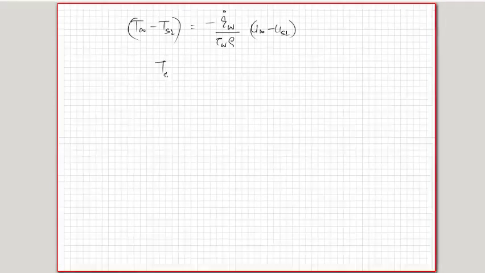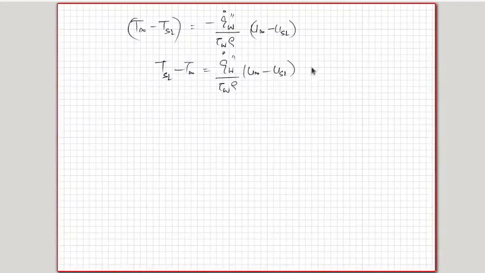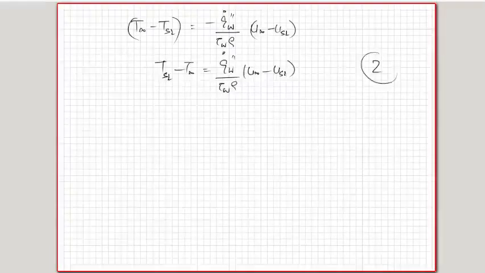So T SL minus T infinity is equal to q dot wall double prime divided by tau wall rho multiplied by U infinity minus U SL. I'll call this equation number 2, which is the equation for the core.